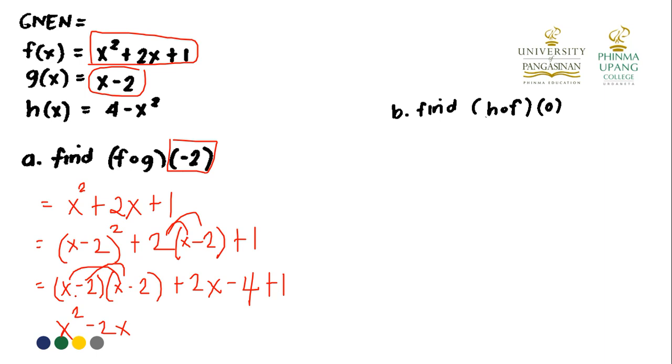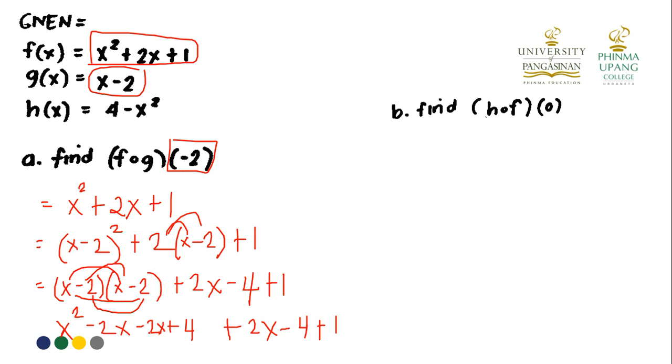Then x times negative 2 is negative 2x, then 2 times negative 2 is positive 4. And then plus 2x minus 4 plus 1. Are you okay there? We forgot something here. Negative 2 times x is negative 2x. Then the other one, x times negative 2, still negative 2x.